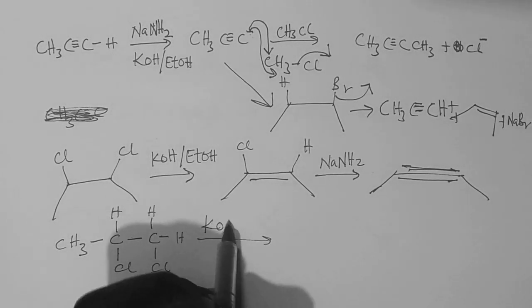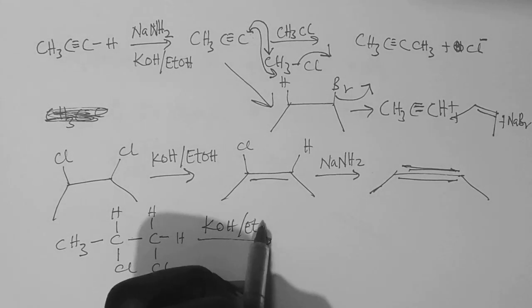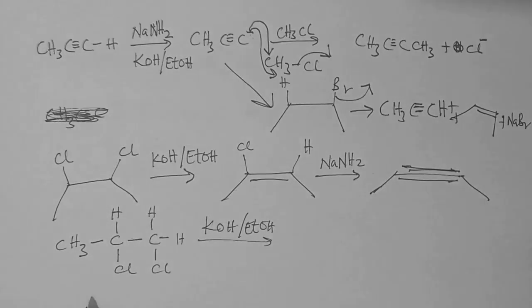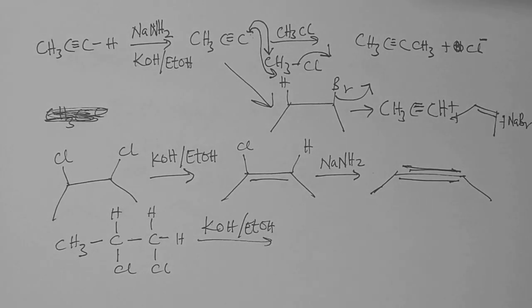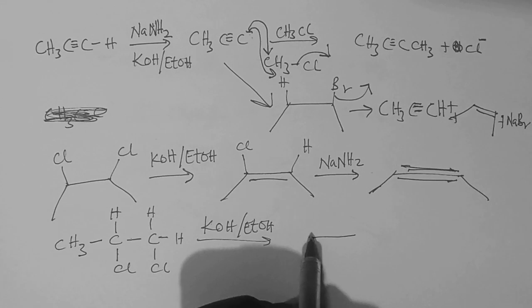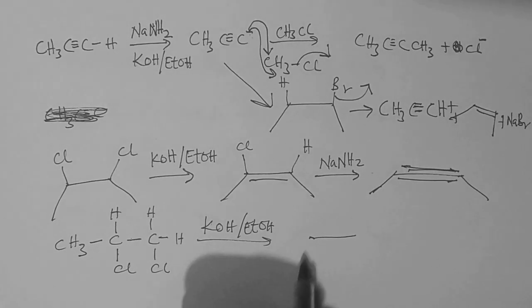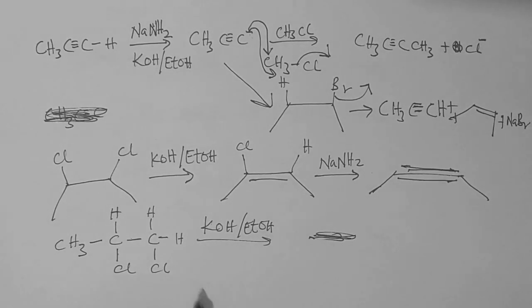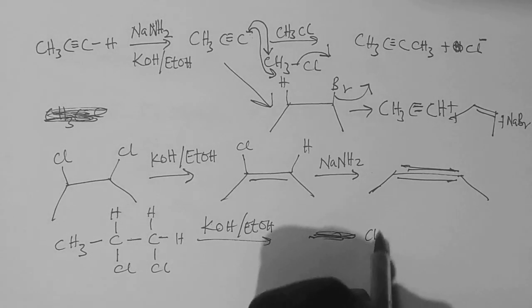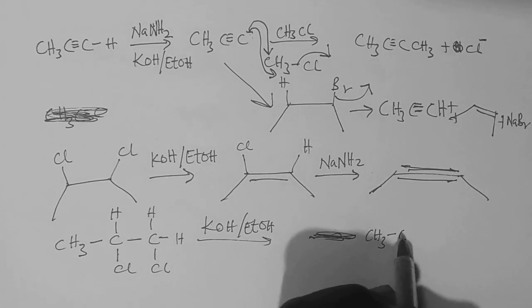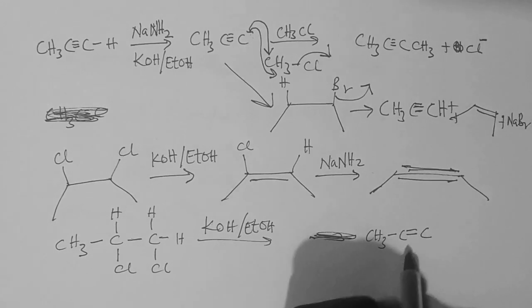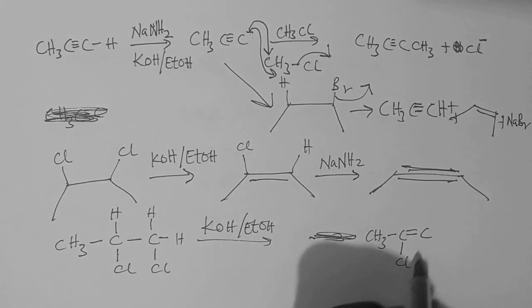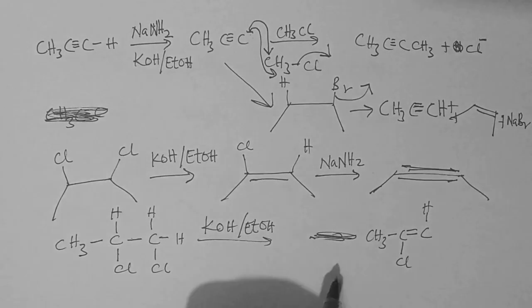If you put in potassium hydroxide in ethanol, then one of these chlorines and an adjacent proton will go away to give us a haloalkene. So in this case, it's going to be CH3, C double bond C, then there will be a chlorine here and then a proton here.